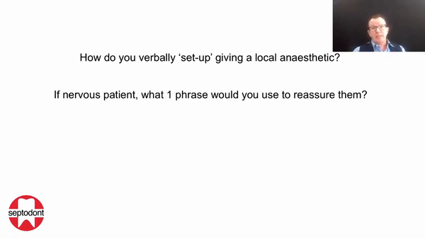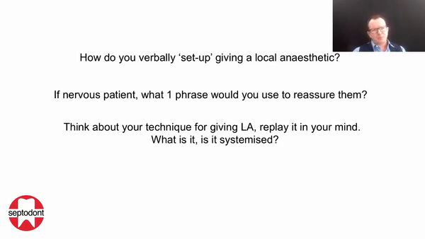The second question is, if you have a nervous patient, what's the one go-to phrase that you use to reassure them? If somebody is sat in the chair and they are anxious, what is it you say, or what is it your nurse says to make them feel comfortable and reassure them? Thirdly, think about the technique that you use for giving local anaesthetic.